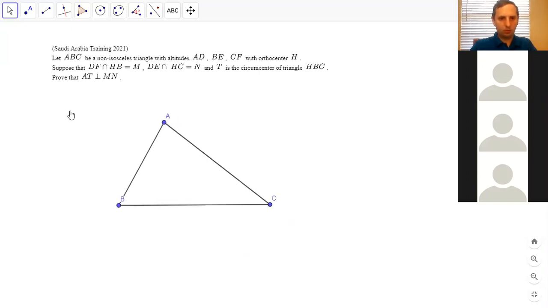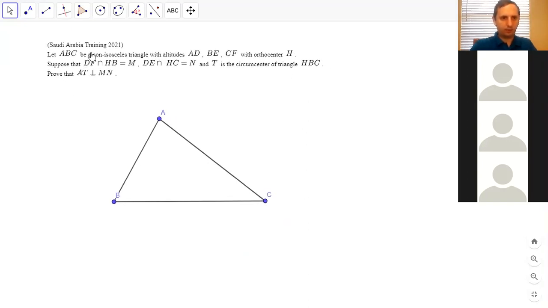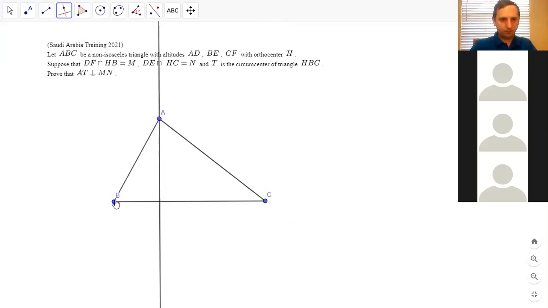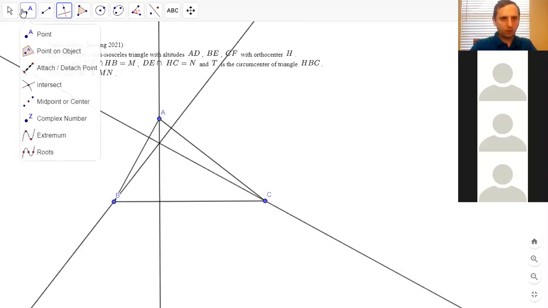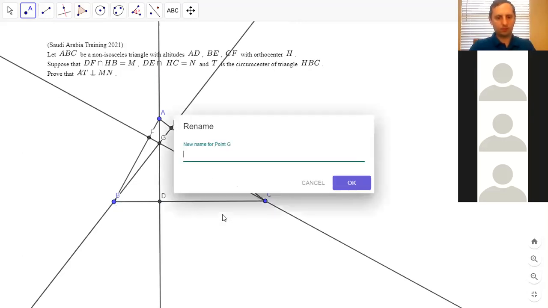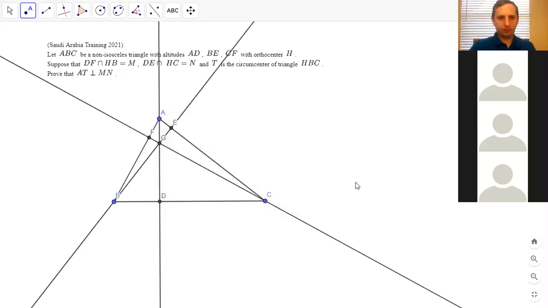So AD, BE, and CF, and H is the orthocenter. E, F is H. And DF intersects HB at M. Oh yeah, it does look a little familiar.